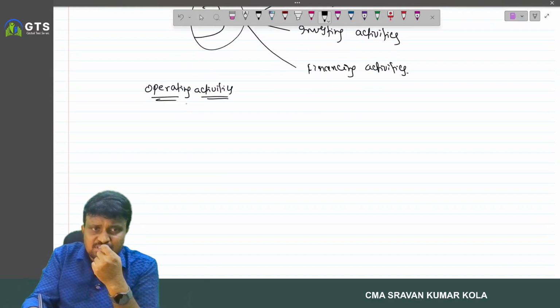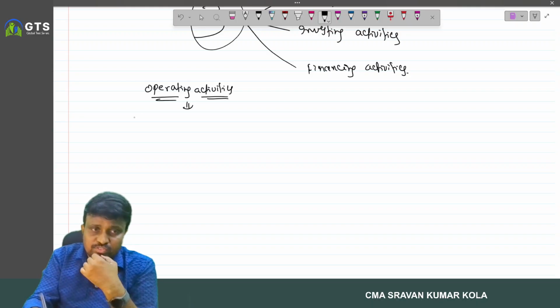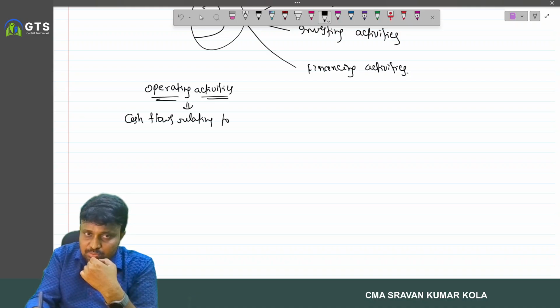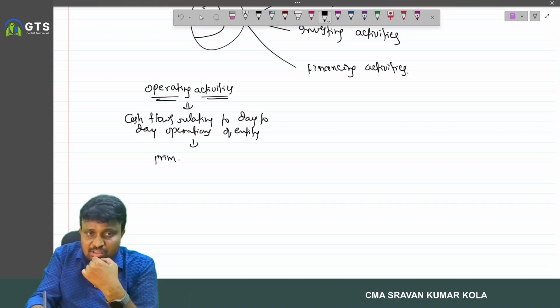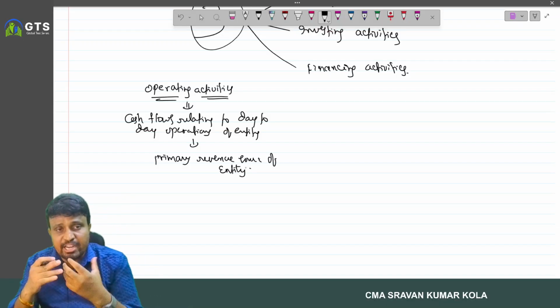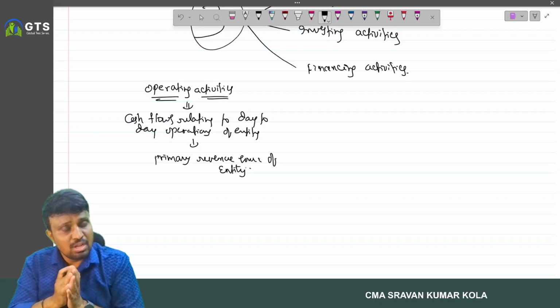Operating activities cover cash flows from activities relating to the day-to-day operations of the entity, mainly relating to the primary revenue source of the entity. Whatever day-to-day operations there are, any activity in relation to that is an operating activity cash flow.